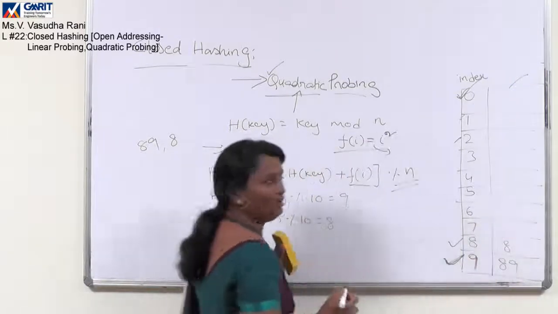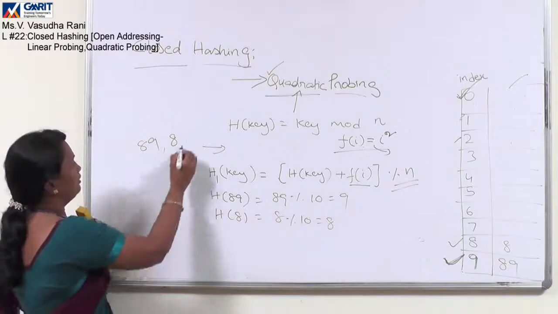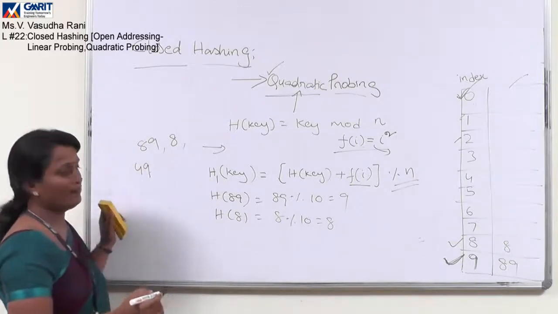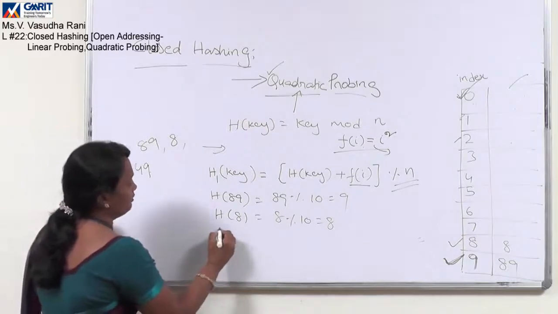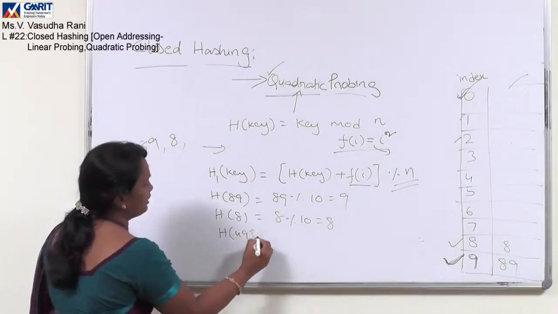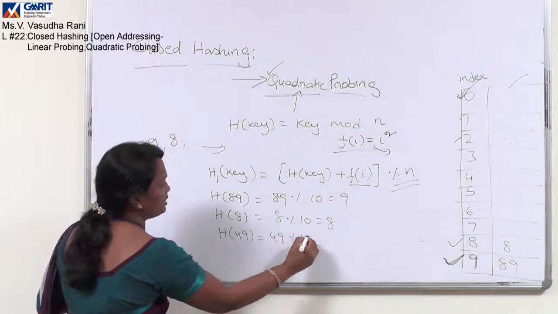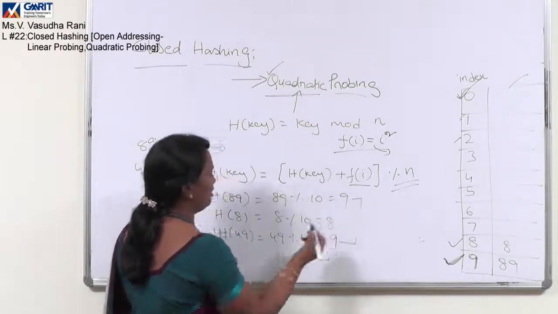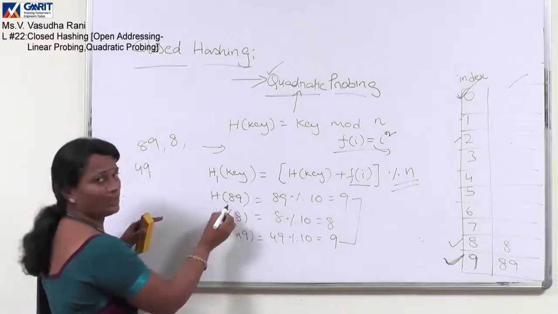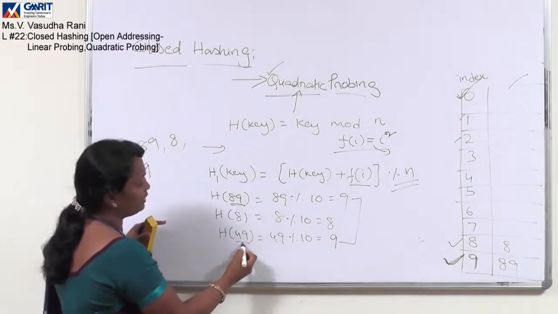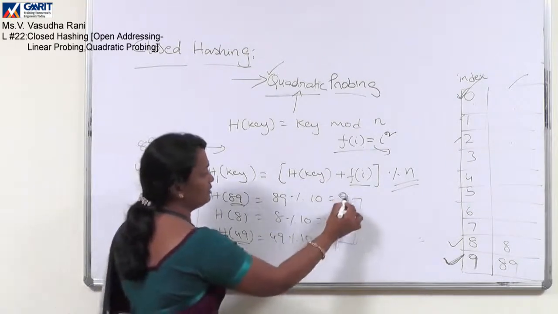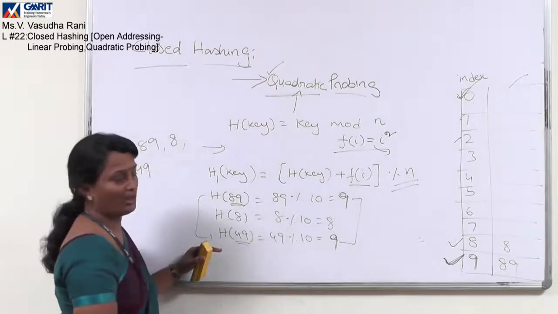So here you are storing the 8 value. Next value, if we consider 49, here h of 49, if you take 49 mod 10, it is giving the same index 9 as the earlier key value 89. Here 89 and 49 are synonym key values. For both of them, they are giving the same index.